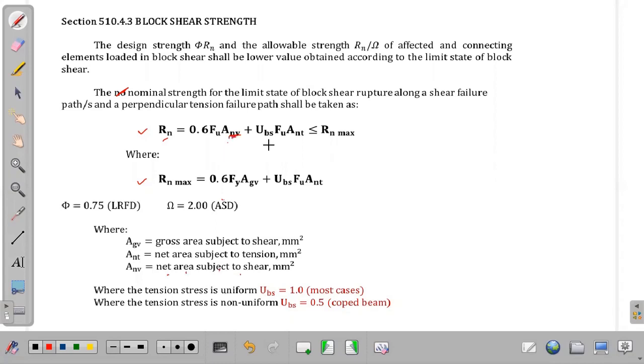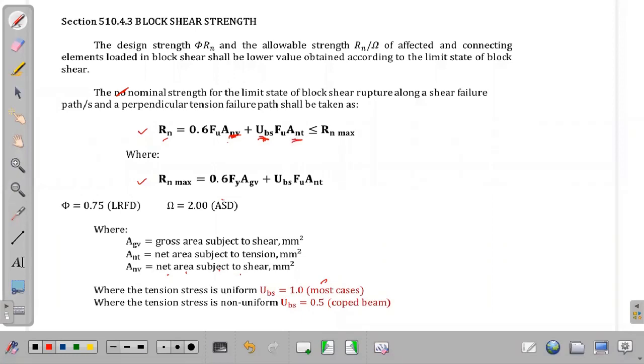Okay? Ubs is given as 1.0 for most cases. For coped beams, that is equal to 0.5. Okay? For Ubs, for most cases, Ubs is equal to 1.0.